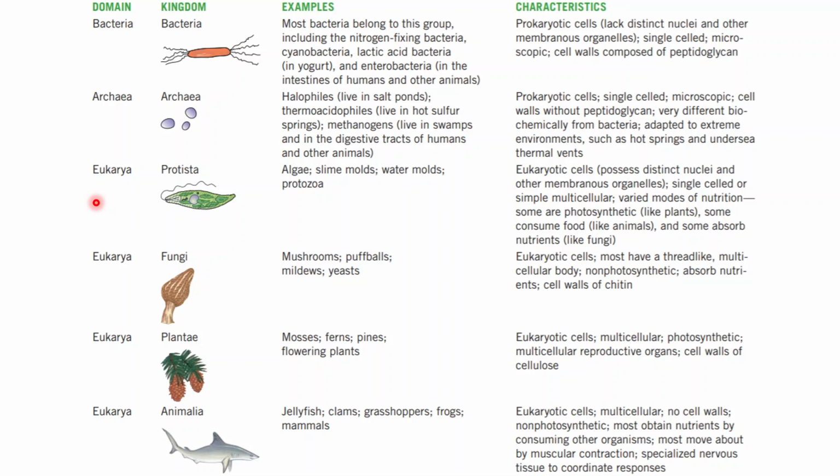Protists do not fit well in a single kingdom. Biologists use molecular data and ultrastructure to clarify evolutionary relationships among the protists.